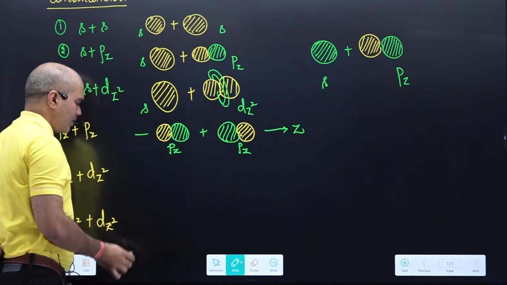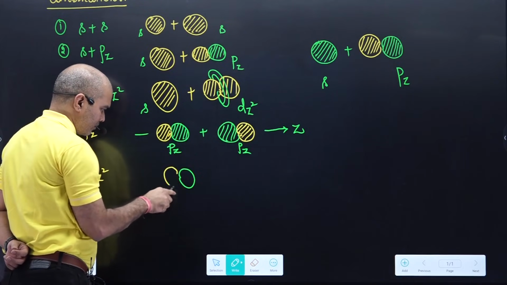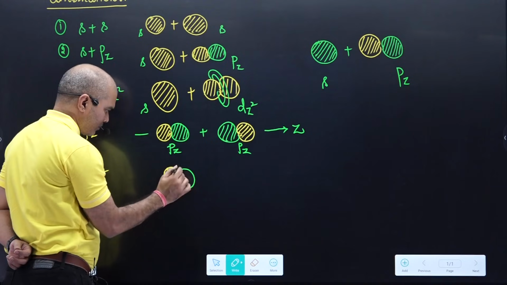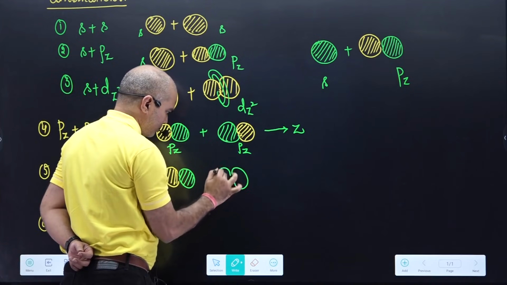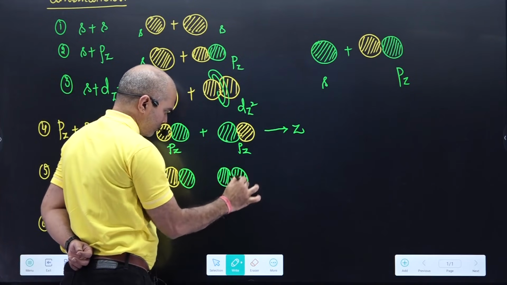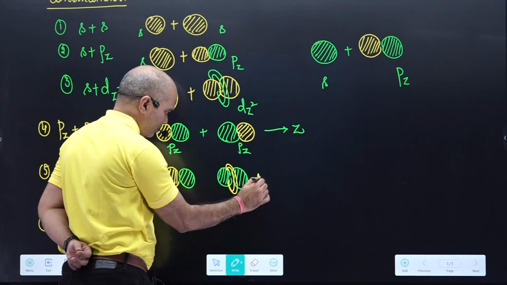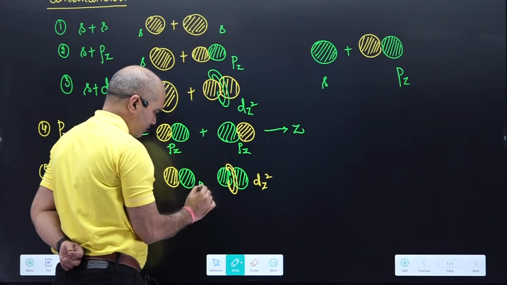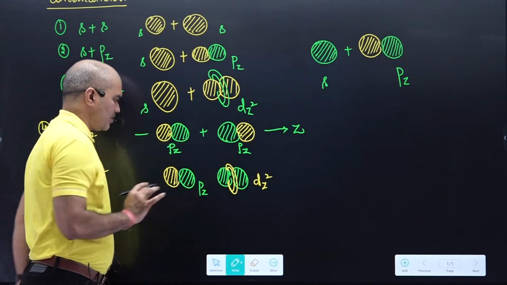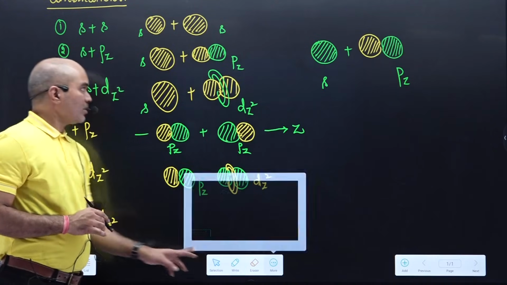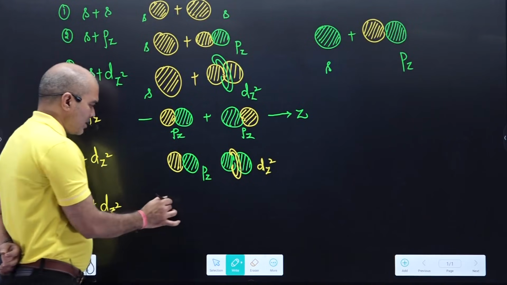Plus to plus should match. Then pz with dz square, plus to plus or minus to minus, whatever you think, but both signs should be same. Plus to plus and minus to minus has to match. And lastly, dz square with dz square.